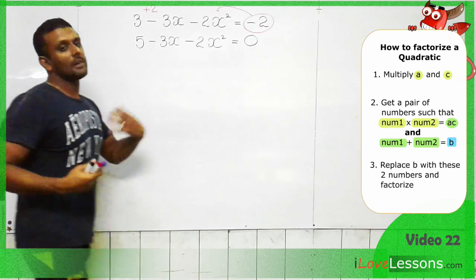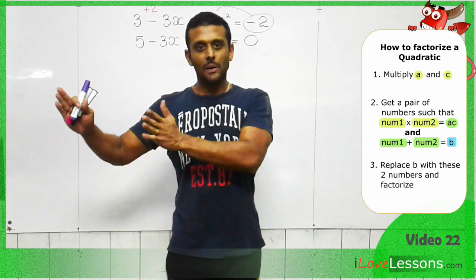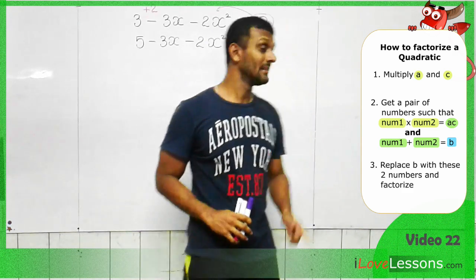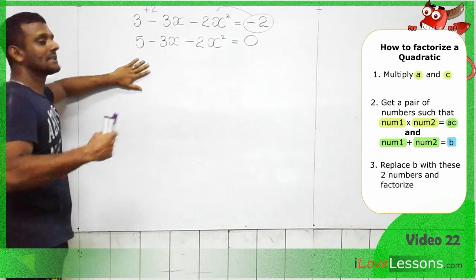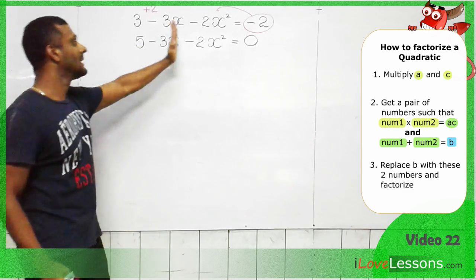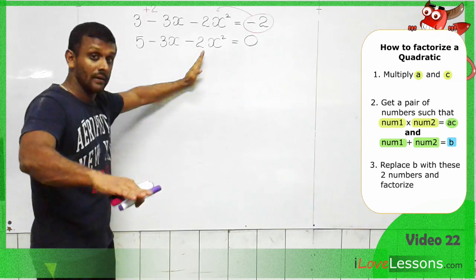Now, whenever I have a quadratic, I always like my A to come first, my B to come second, and my C to come third. Over here, if you notice, some students will make a mistake and say A is 5, B is minus 3, and C is minus 2. That will be completely wrong.